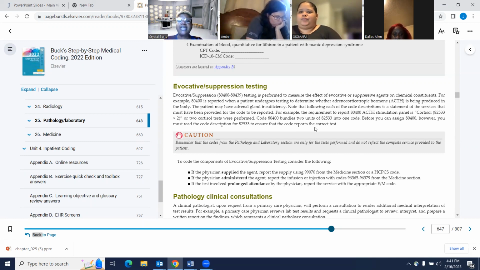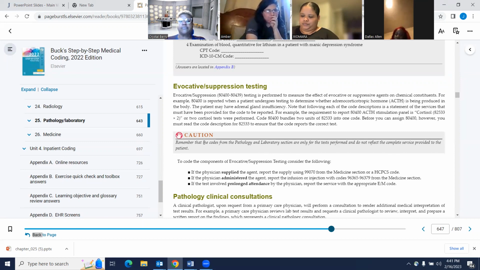Before you can assign 80400, however, you must read the code description for 82533 to ensure that the code reports the correct test. So this is a little difficult because you have to read everything in that patient's chart first to make sure you get the correct test.